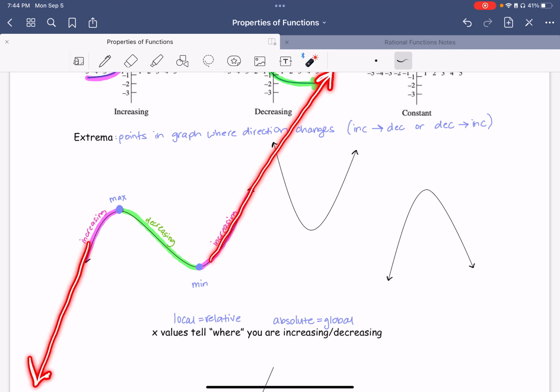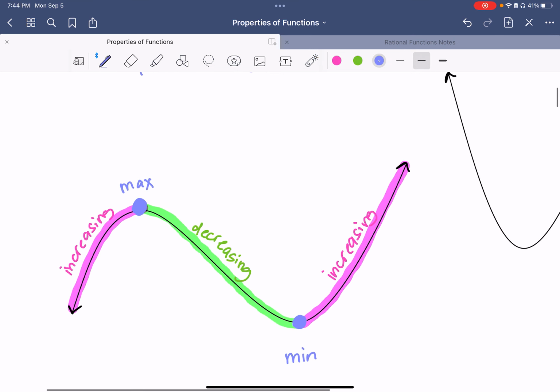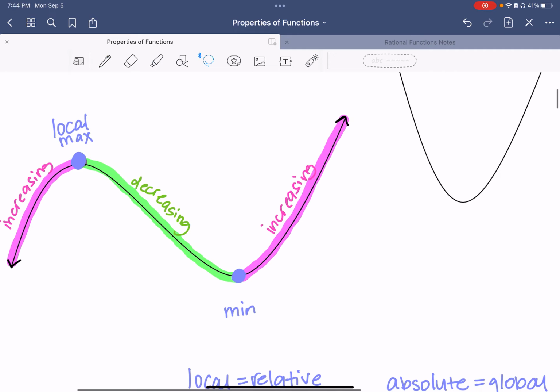Okay, so notice that these points that we had identified earlier, they are in the middle of the graph. So if I were to draw a horizontal line through this maximum, okay, notice that there's stuff above it. Okay, so because it's not the absolute highest point in the graph, this maximum has to be a local max. So local maximums and minimums are basically in the middle of the graph, and then the absolute are the absolute like extremities of the graph.